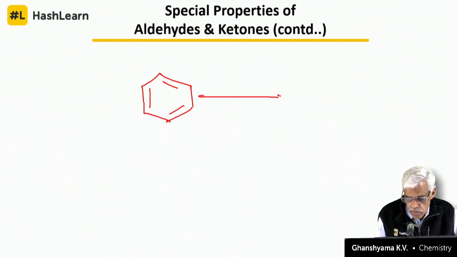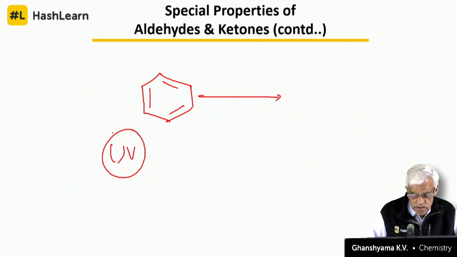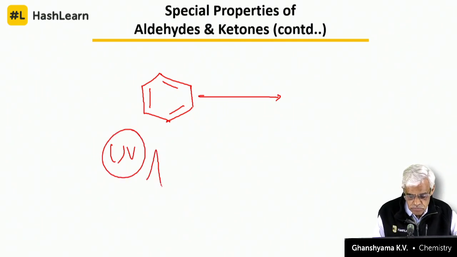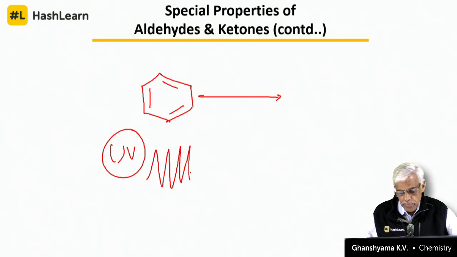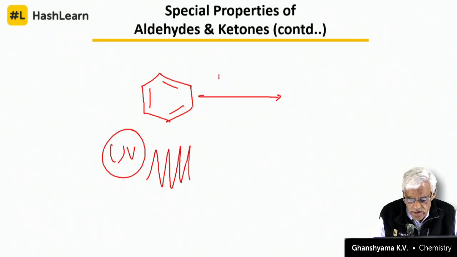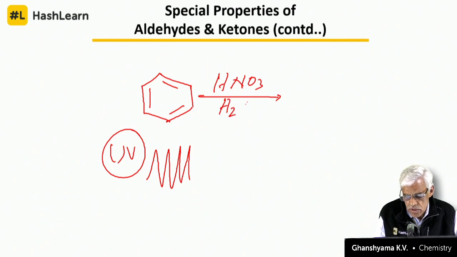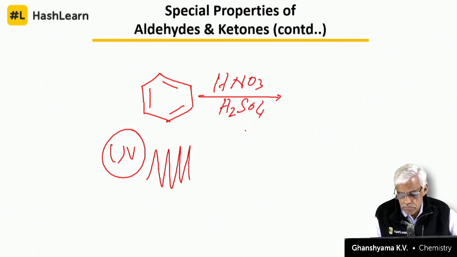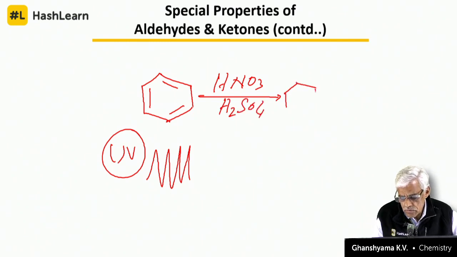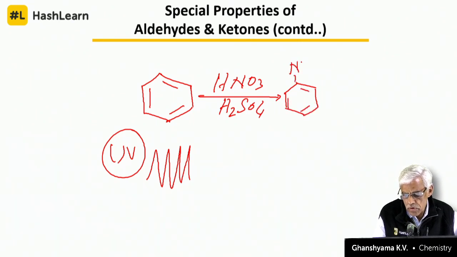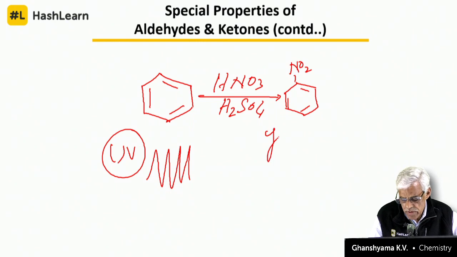So it absorbs light, let us say, in the UV region. You heat it with a nitric acid, sulfuric acid mixture, you get nitrobenzene. Nitrobenzene is yellow in color.